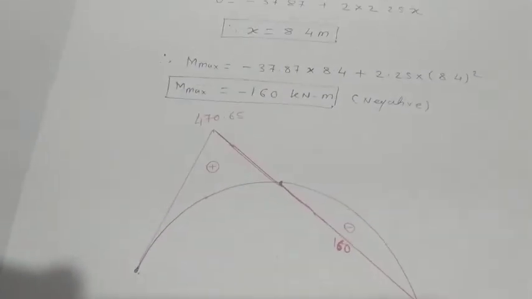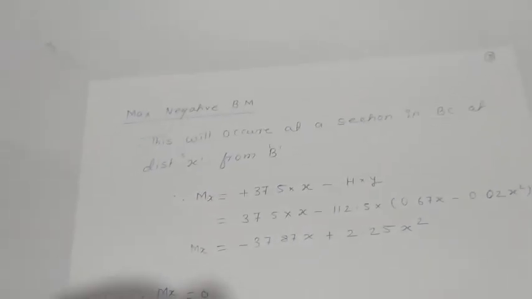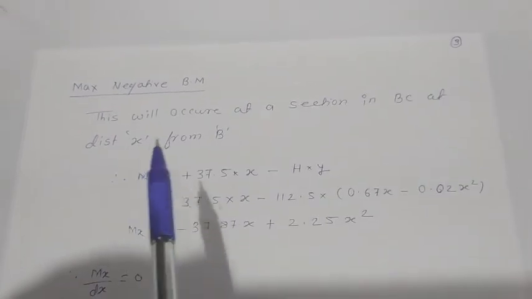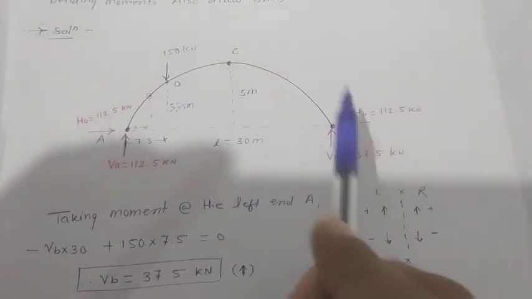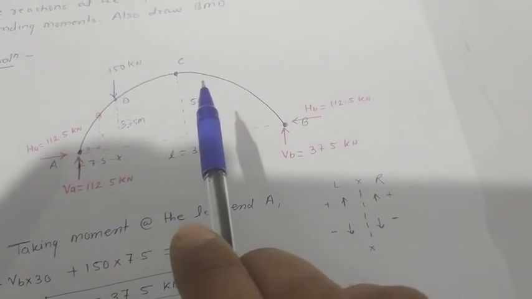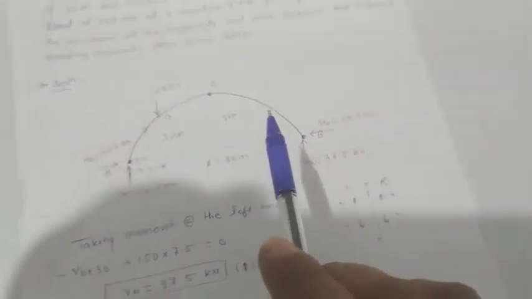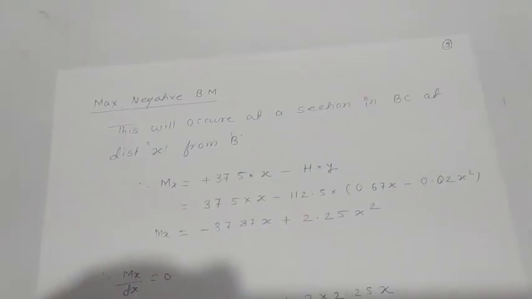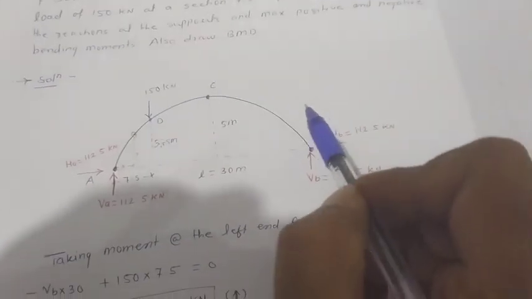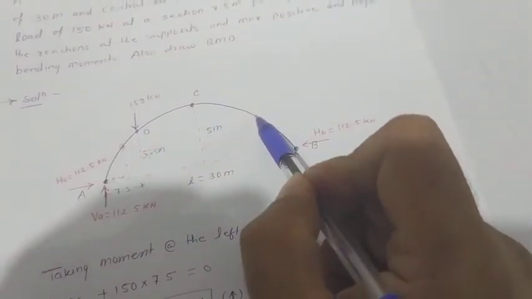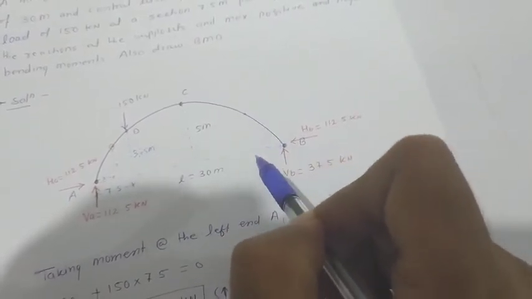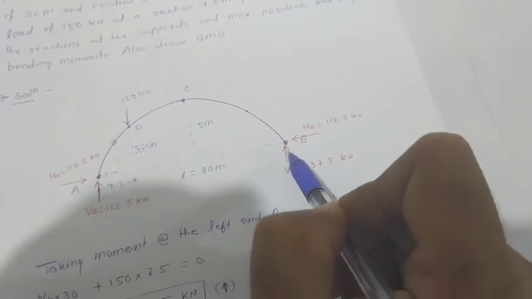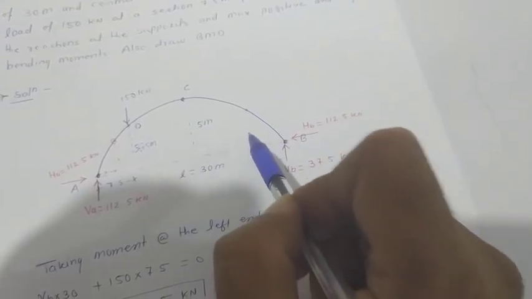Similarly, find out the maximum negative moment. This moment will occur at a section in BC at a distance x from B. So this is our portion BC. So the maximum negative moment will occur in this section. So just take a section somewhere in this portion BC at a distance of x, and the vertical ordinate is y.